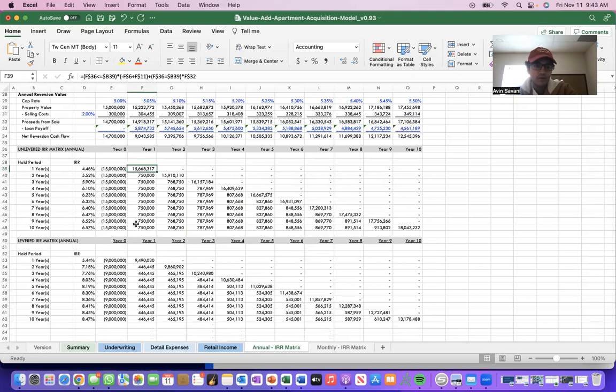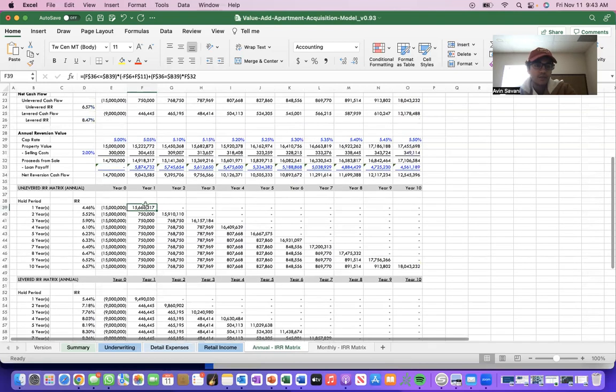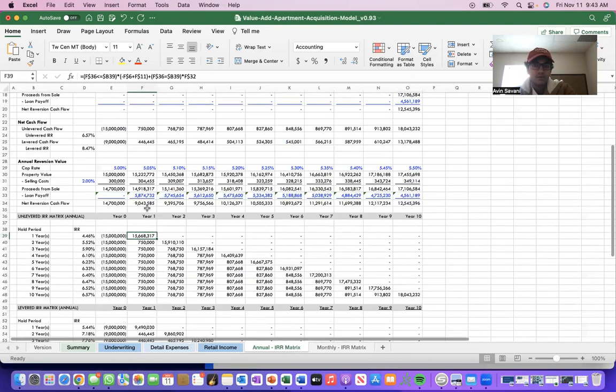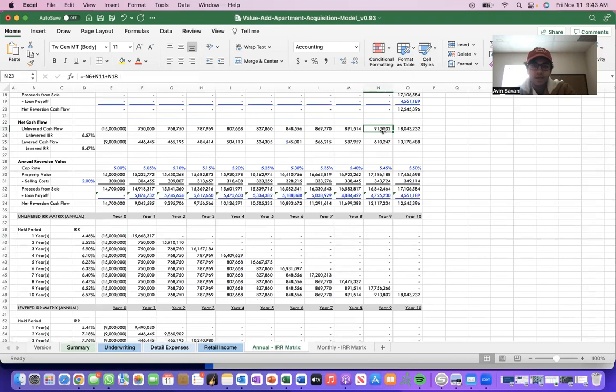Year 1, if you're going to sell it the first year, then it's going to be what the reversion cash flows are, right? So this will also include that last year's net operating income, last year's net cash flow, basically. So you'll include that last year's net cash flow into your calculation.